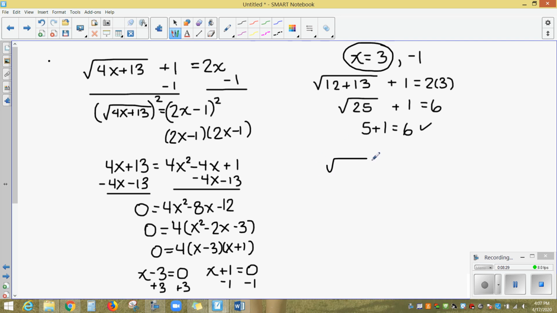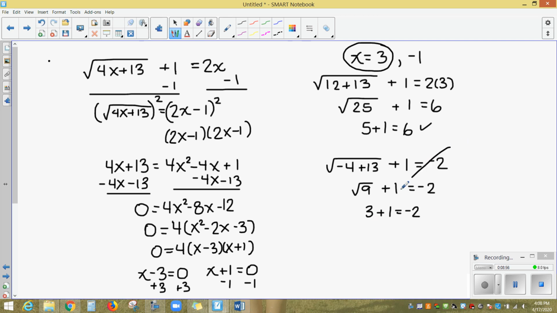Okay, deja vu, I feel like I just did this. When we plug in negative 1 for x, we get negative 4 plus 13 under the square root plus 1 equals 2 times negative 1, which is negative 2. That says square root of 9 plus 1 equals negative 2, or 3 plus 1 equals negative 2.